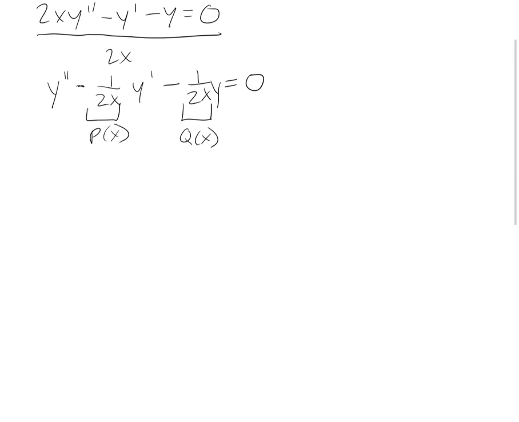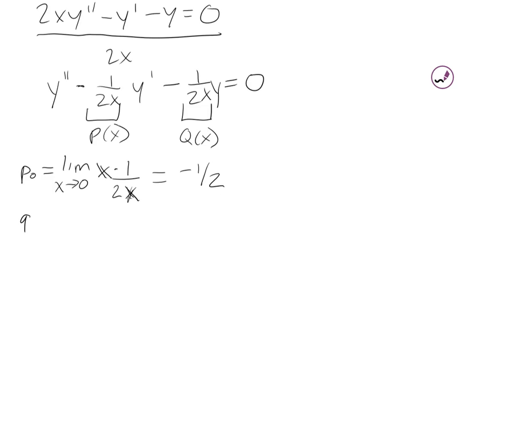So I'm going to find p naught, which is equal to the limit as x goes to 0 of x times p of x, which is just this right here. So that's times negative 1 over 2x, and these x's cancel out, and you're left with negative 1/2.